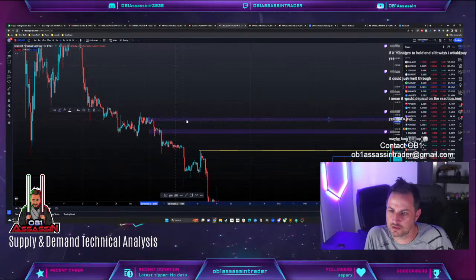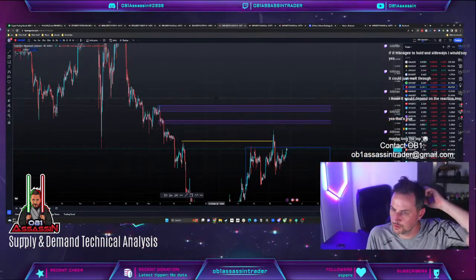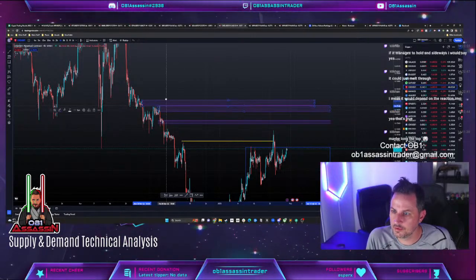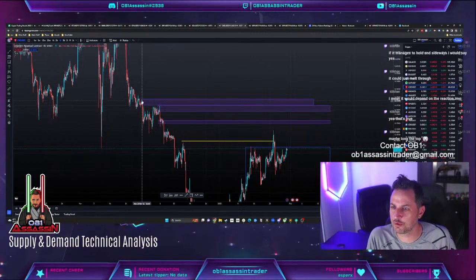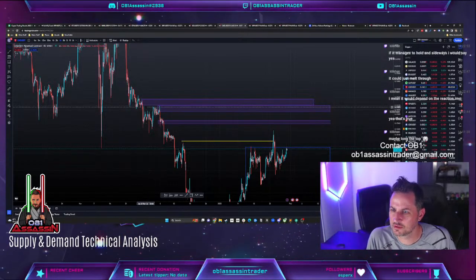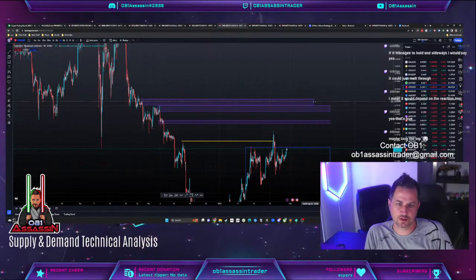Next order block is just here. And the next one will be right there. And that's a pretty significant order block there. It's already been tapped into once. Pretty much twice. So those are the key zones I'll be looking at.